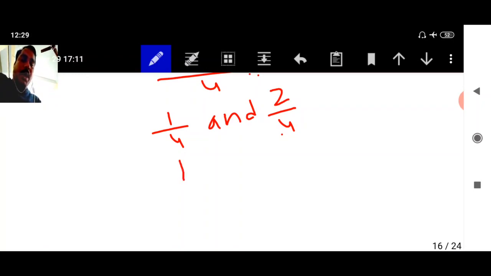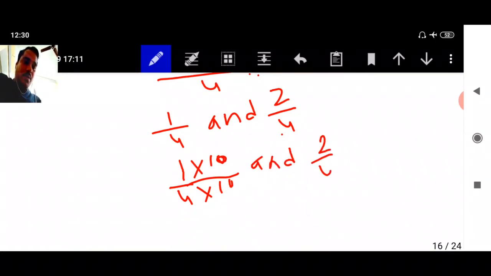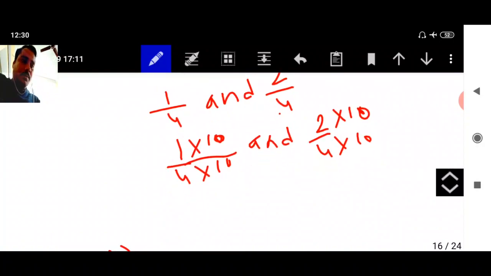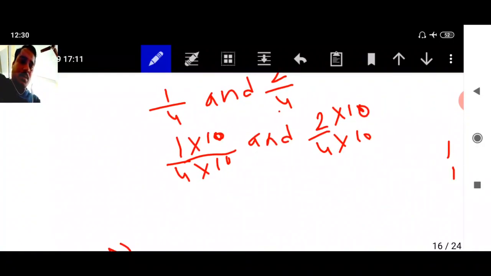We usually multiply 1 by 4 by 10 over 10, multiplying numerator and denominator the same, and 2 by 4 by 10 over 10, and you get 10 by 40 and 20 by 40.